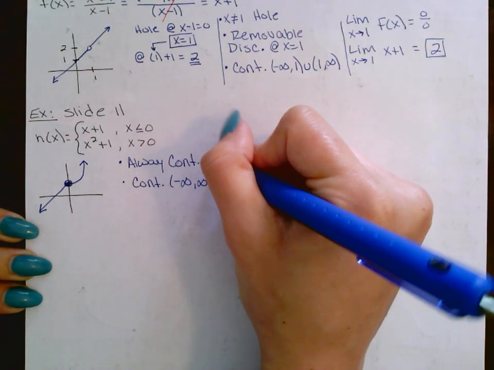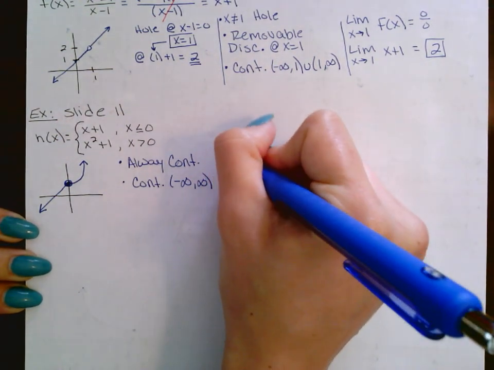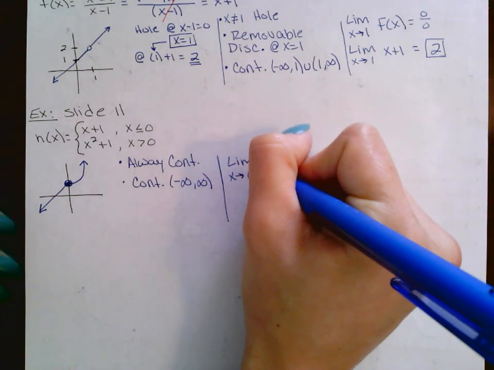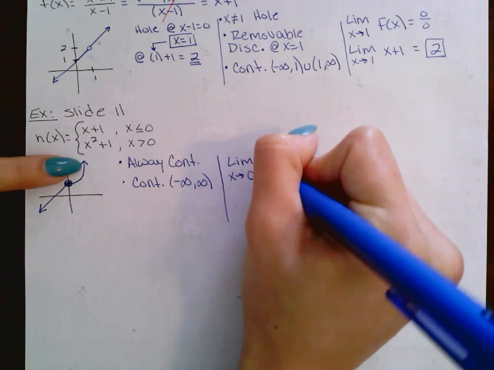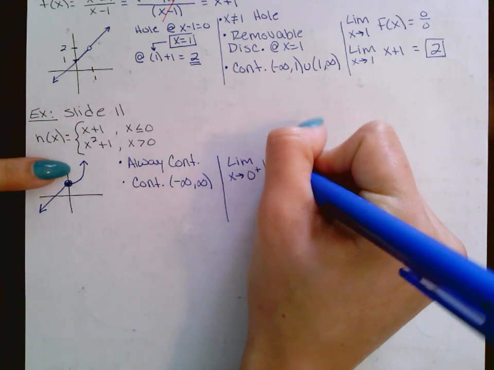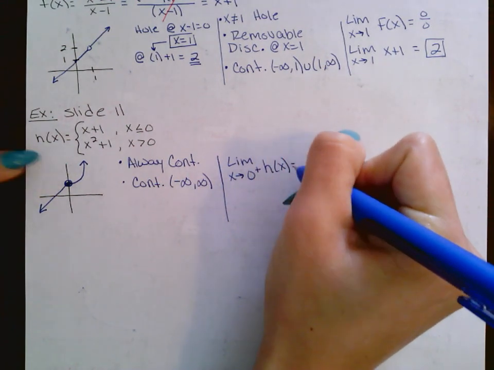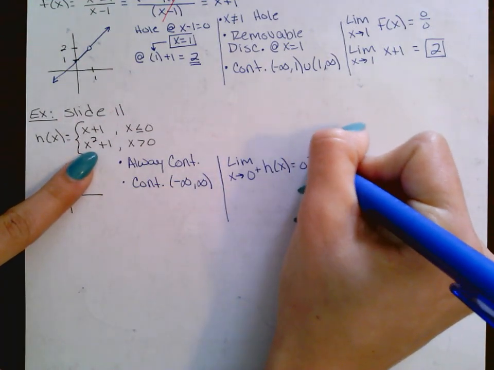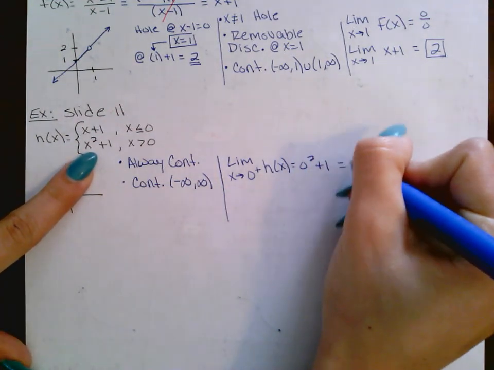So now let's check out the limits. The limit as x approaches 0 from the right side would be us talking about the parabola. So if I plug 0 into the parabola, I have 0 squared plus 1, which gives me 1.